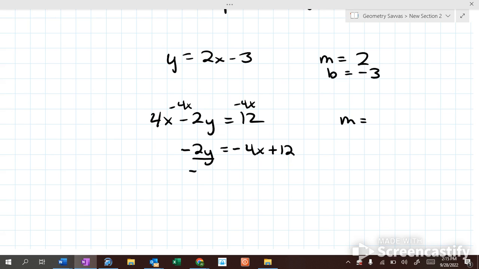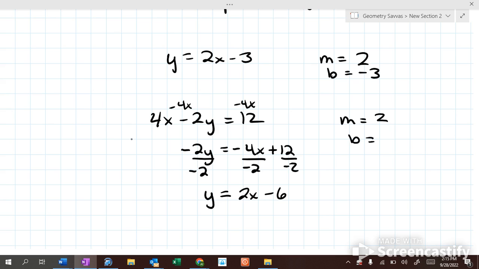Divide by negative 2. We're going to divide each thing by negative 2. Instead of putting this all over, I like to separate it up and divide each thing by negative 2. So then y equals, what's negative 4 divided by negative 2? 2x. What's 12 divided by negative 2? Negative 6. What's my slope?